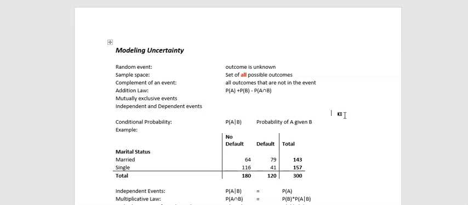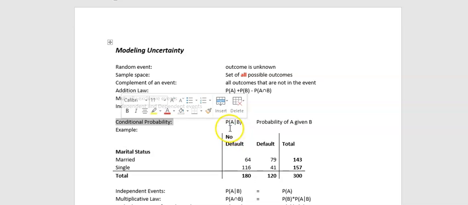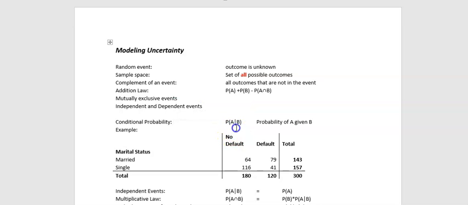And for dependent events, we define a term called conditional probability, which means that if two events A and B are dependent on each other, then the probability of A, given that we have information that B has already happened, is going to be different from the original probability of A.